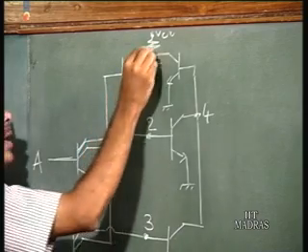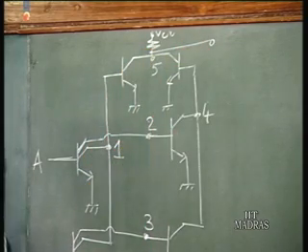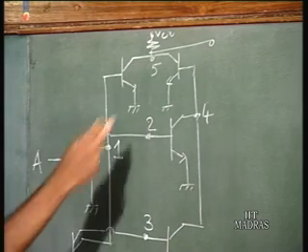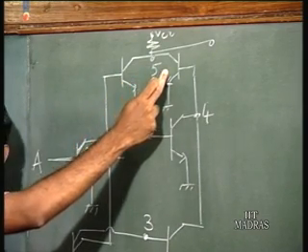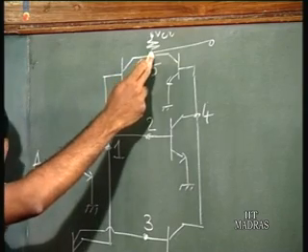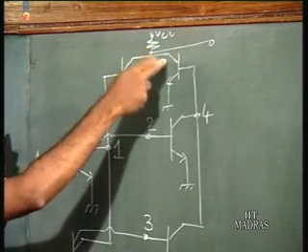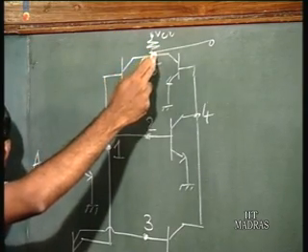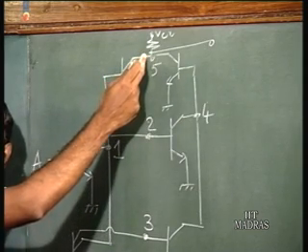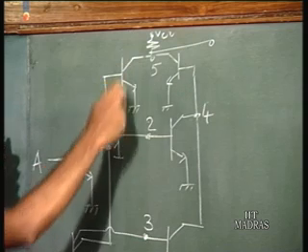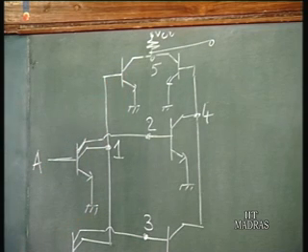So, this point will give you the sum value. That is, when any of these transistors goes to saturation, the voltage here is going to be 0.2 volts, because there is a current flowing here and the voltage will drop to 0.2 volts, and if both of them are cut off, the output is going to be high. You can put that. Now, if you want to take the carry output, what do you do?